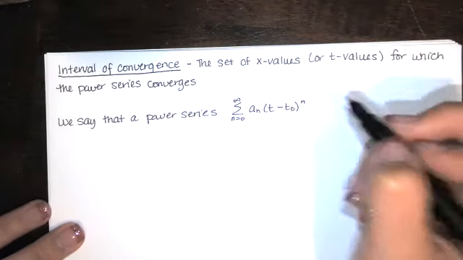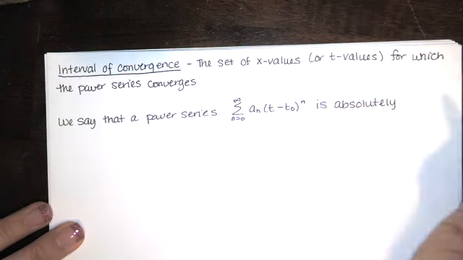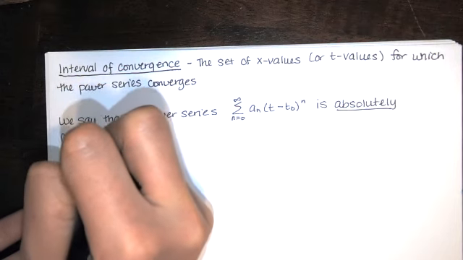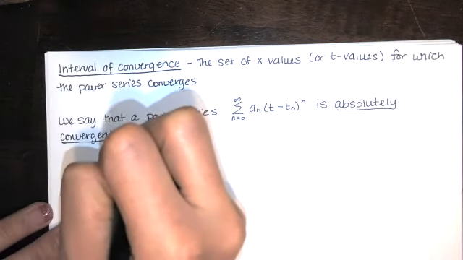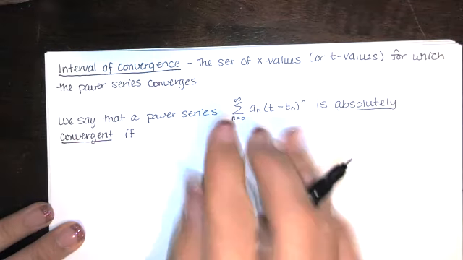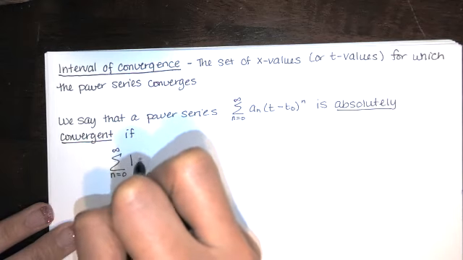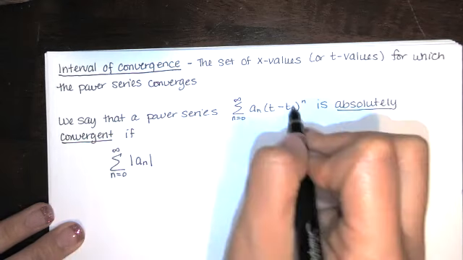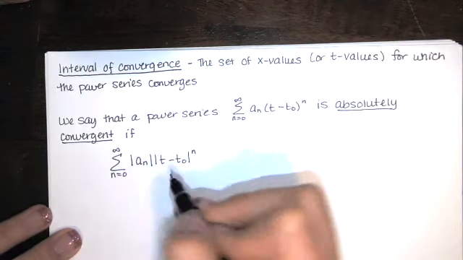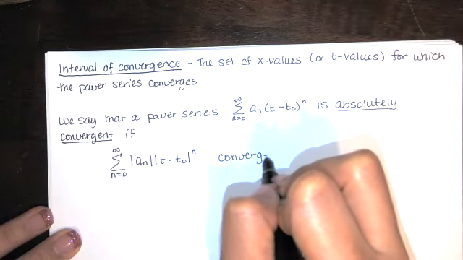We say that that power series is absolutely convergent if the series of absolute values of this converges. Now, the series of absolute values is going to look like this. Well, the sum as n goes from 0 to infinity of the absolute value of a sub n, and this will be the absolute value of t minus t naught raised to the n. If this converges, then we call the original series absolutely convergent.